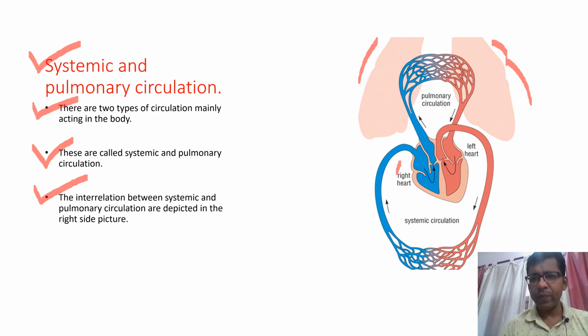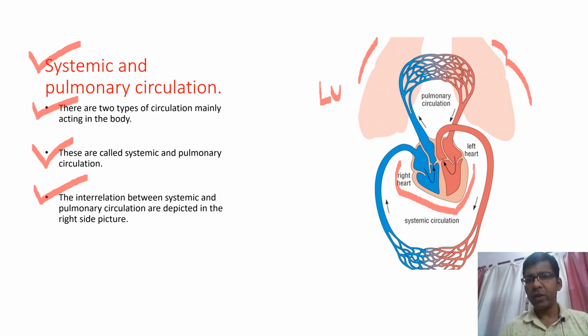As the name suggests, pulmonary circulation means via the lungs, and this is systemic circulation, which occurs via the heart. So how are these circulations interrelated?